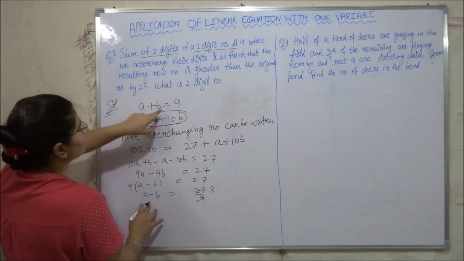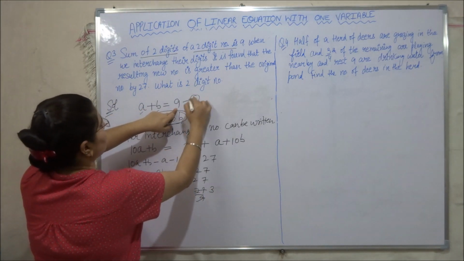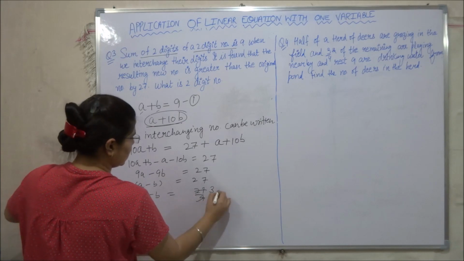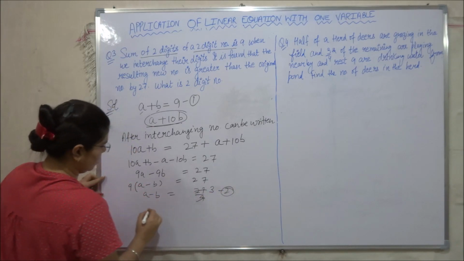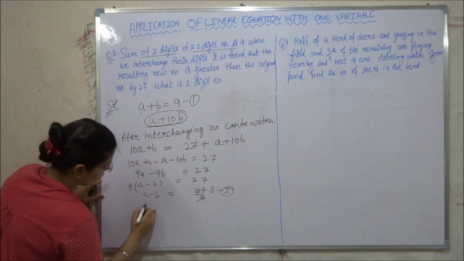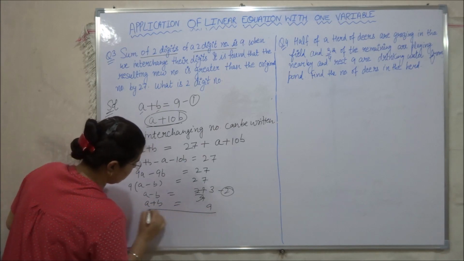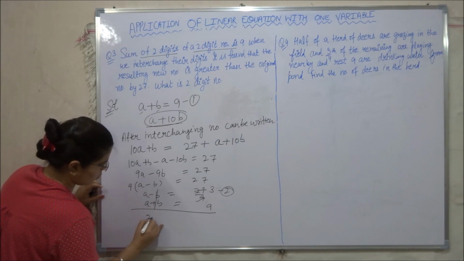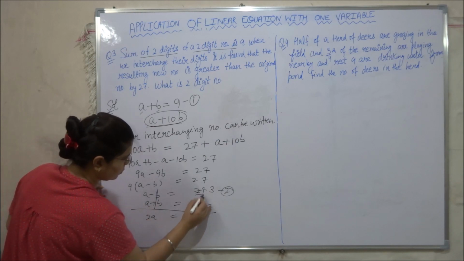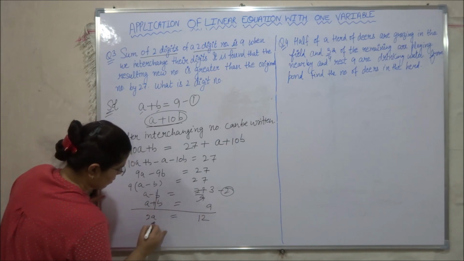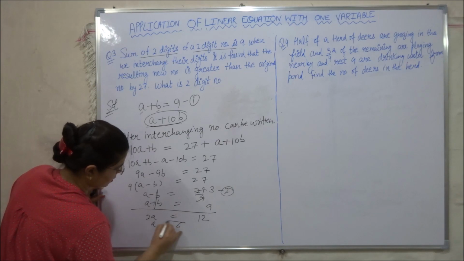Now a plus b is given to us, that is equal to 9, and a minus b, that will be equal to 3. Now solving these two equations, a plus b equal to 9, so 2a equal to 12. So a is 6.